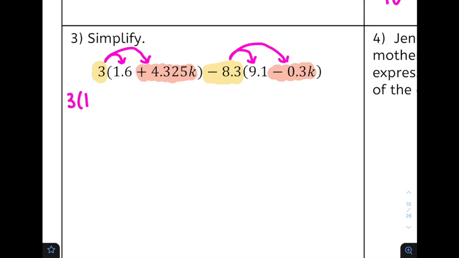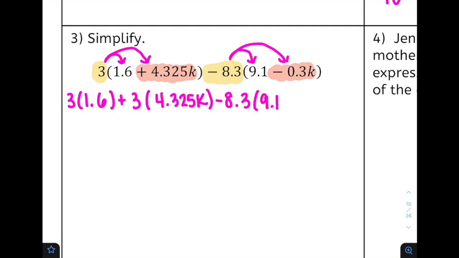So 3 times 1.6, 3 times 4.325k, negative 8.3 times 9.1, negative 0.3k. Okay, again, I took my outside term with the sign and I distributed throughout.